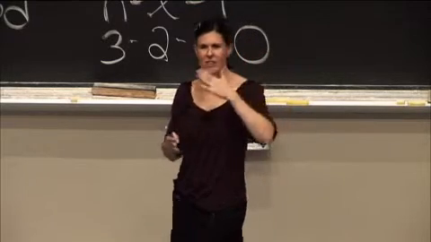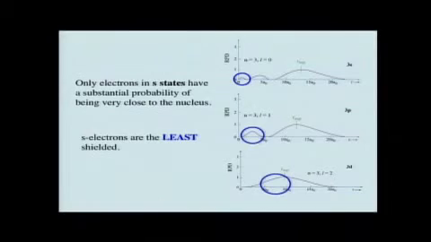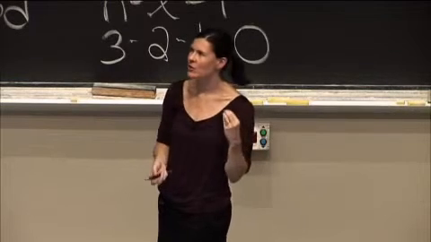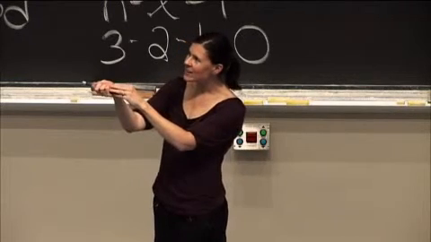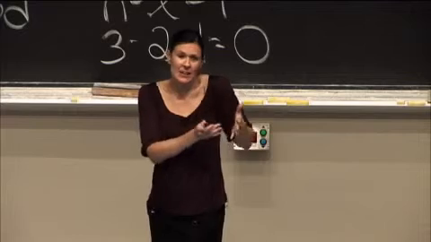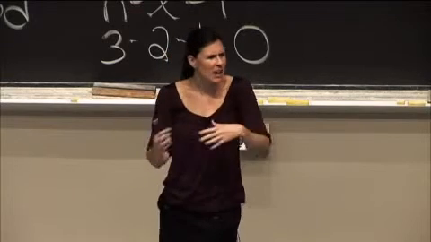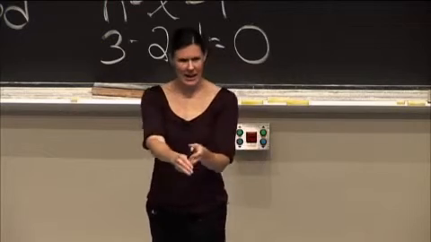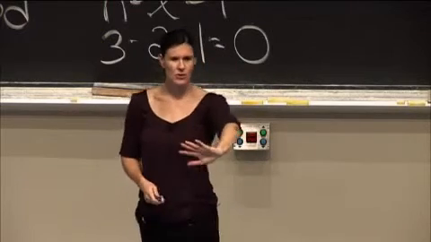A consequence of this is, if we're thinking about a multi-electron atom, which we'll get to in a minute, where electrons can shield each other from the pull of the nucleus, we're going to say that the electrons in the s orbitals are actually the least shielded. And the reason that they're the least shielded is because they can get closest to the nucleus. So we can think of them as not getting blocked by a bunch of other electrons, because there's some probability that they can work their way all the way into the nucleus.